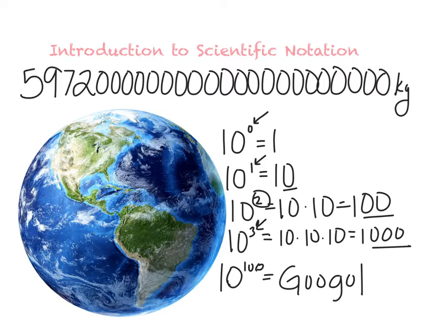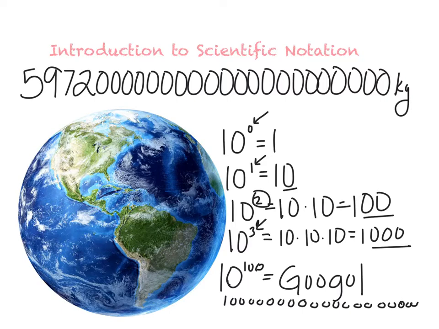Google, G-O-O-G-L-E, as we know, is actually rearranging the way that this is spelled and calling themselves Google, which is 10 to the power of 100, which we know would be 1 with 100 zeros. So if I wanted to write this, it probably wouldn't fit on the page, but I could write 100 zeros.